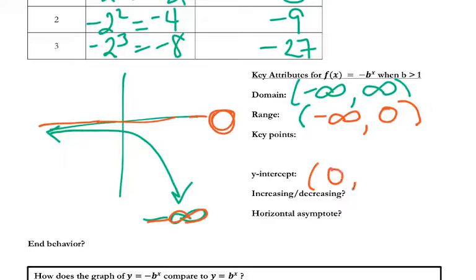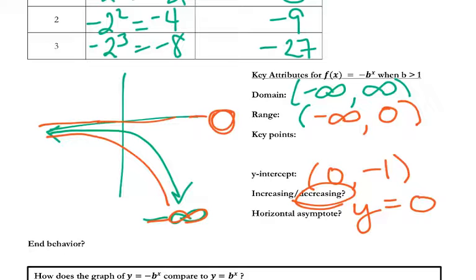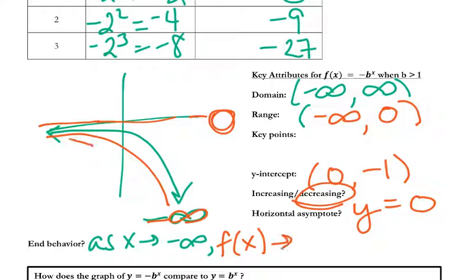Y-intercept was 0, -1. Increasing or decreasing? Well, as we move left to right, we are definitely decreasing. Horizontal asymptote, y equals 0. End behavior, as x goes to -infinity, so as we move to the left, what's happening to f of x? It's headed towards 0.